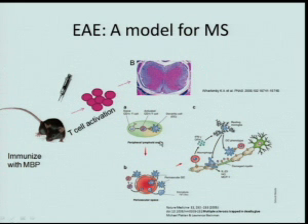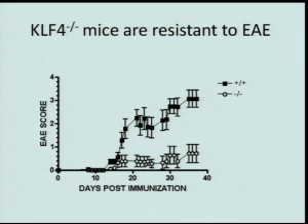So what we're interested in is whether these CD115 GR1 inflammatory monocytes were potentially necessary for the destruction of myelin, or whether they also played a role in activating T cells within the CNS. The results of the first global study turned out that the mice that were deficient in KLF4 were essentially resistant to the induction of EAE.